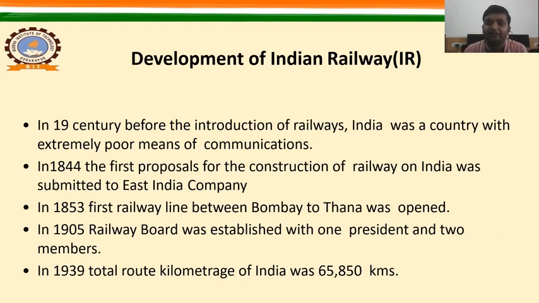In 1905, the Railway Board was established with one president and two members. So students, you have to be very careful with this data: in 1844, the proposal was submitted; in 1853, the railway line was opened between Bombay and Thane; and third, in 1905, the Railway Board was established with one president and two members.